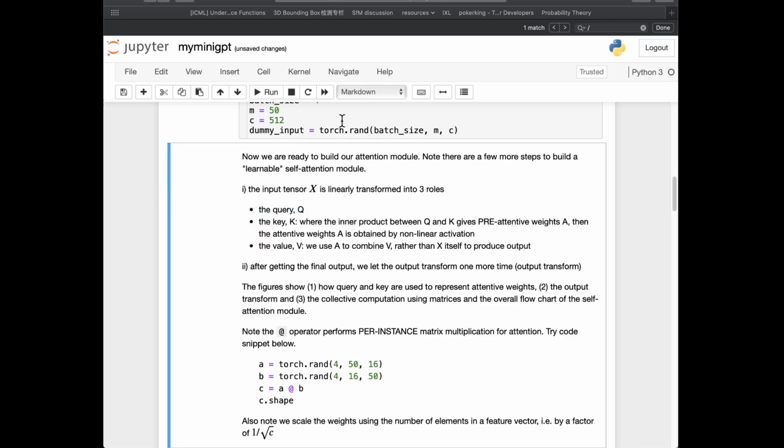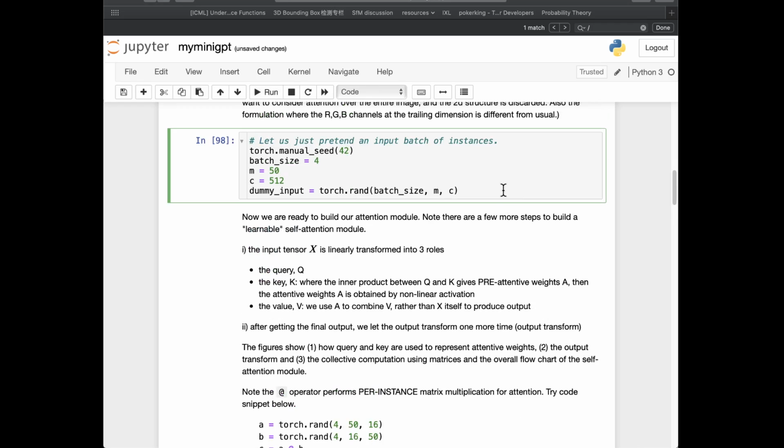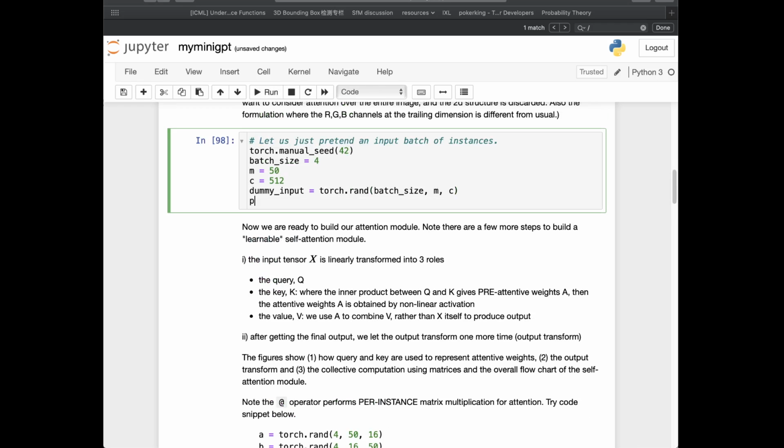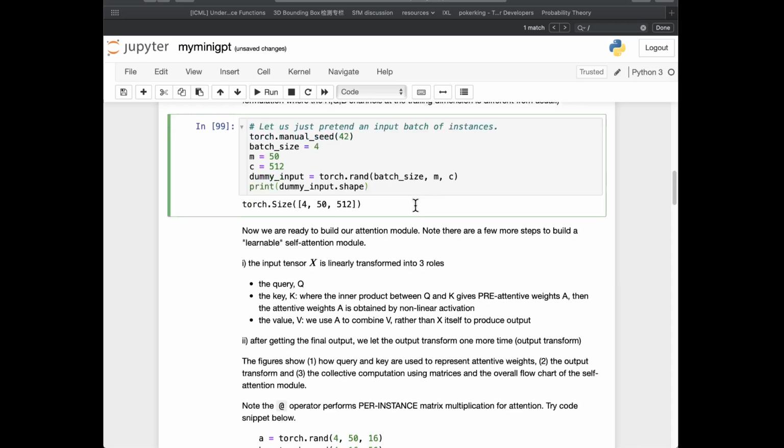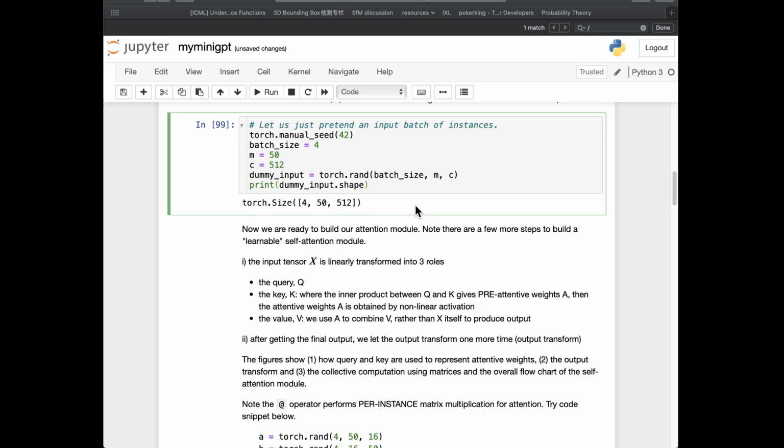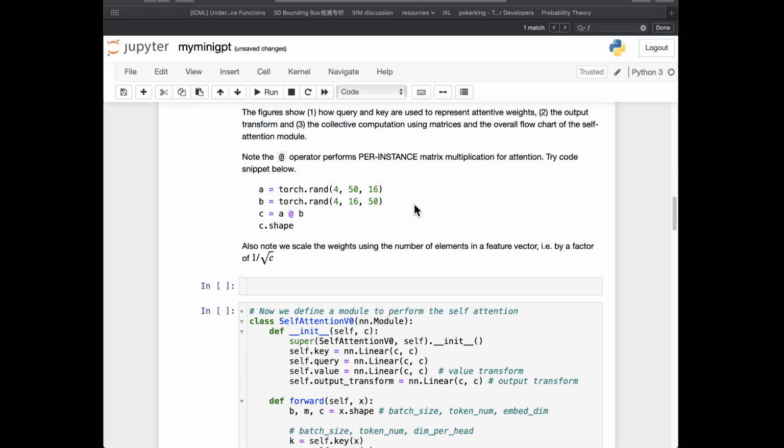So let's run this, and let's just have a test. dummy_input.shape. Just to verify, we have 4 by 50 by 512. Seems to be a reasonable tensor.